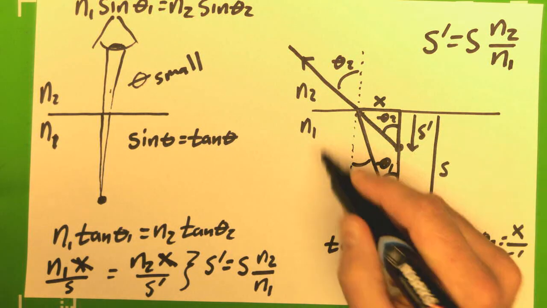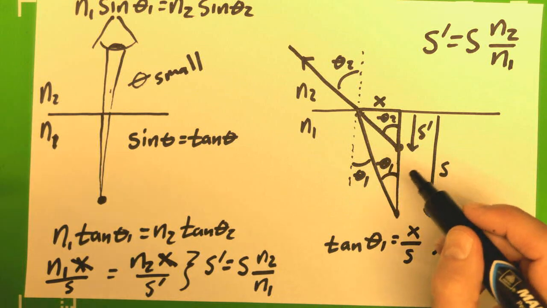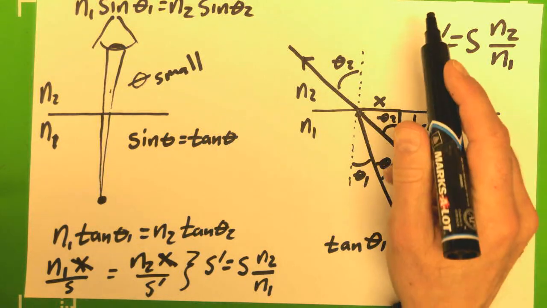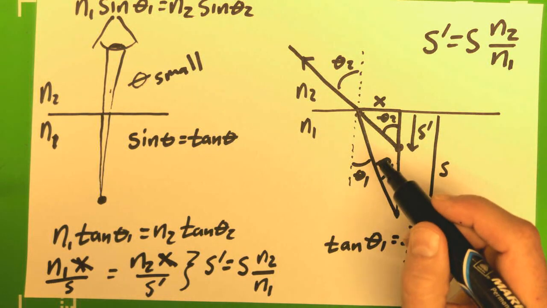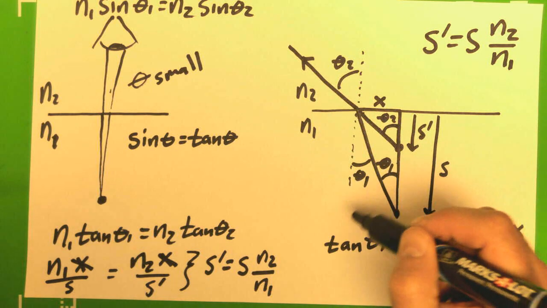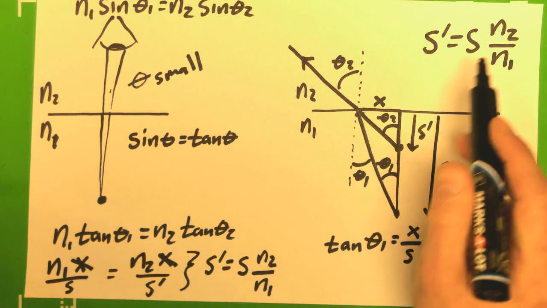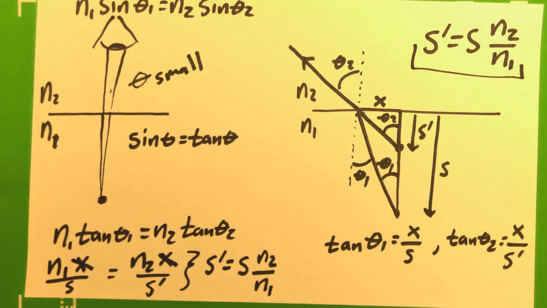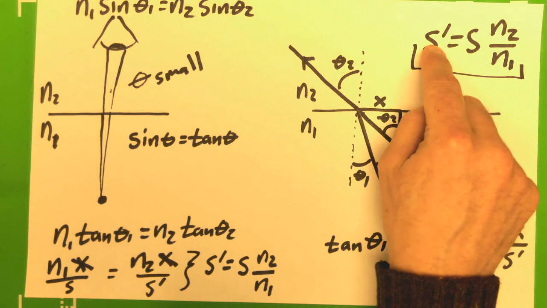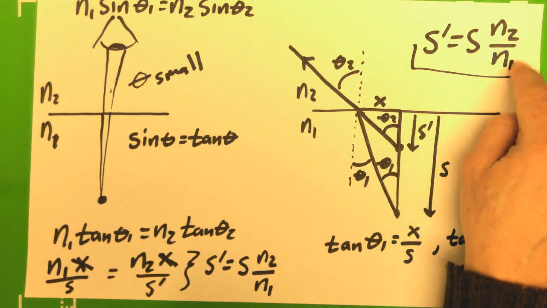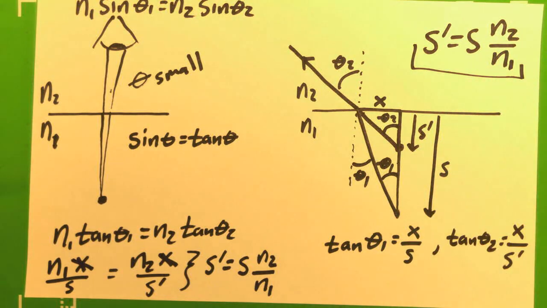I'm going to leave it as an exercise for you to see that the true position would definitely be smaller than the apparent position because of how that light is now bending towards the normal. It's a kind of reverse of this process. But it does make sense, and now we can analyze problems if we're careful to know what s prime means, what s means, and how to differentiate which is 2 and which is 1 for our index of refraction.